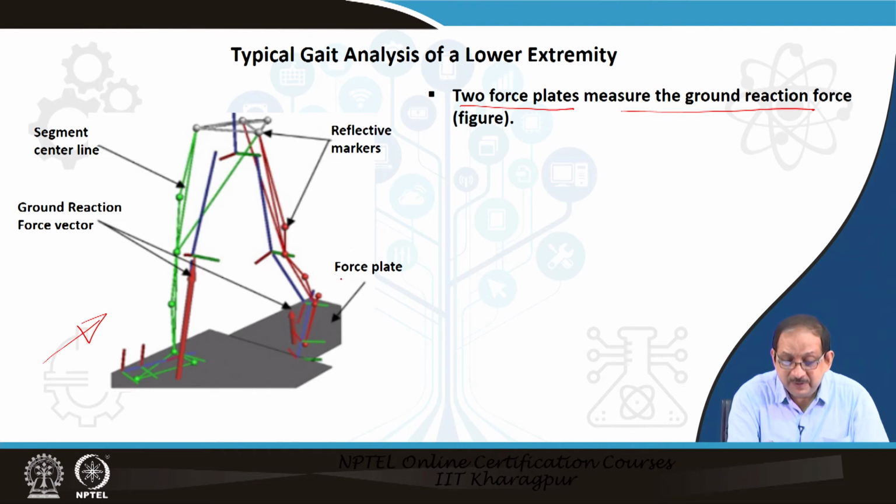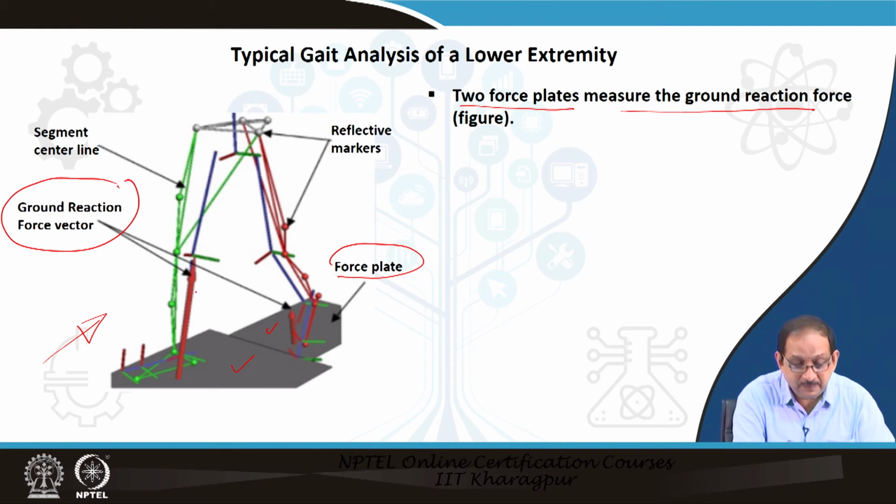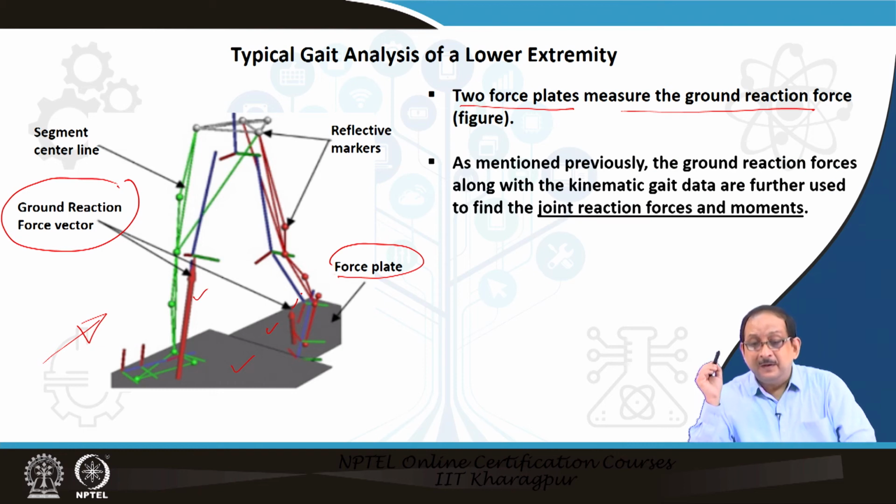So, the force plate is indicated here, and it is giving us the force vector, the ground reaction force vector. As mentioned previously, the ground reaction forces along with the kinematic gait data are further used to find out the joint reaction forces and moments.